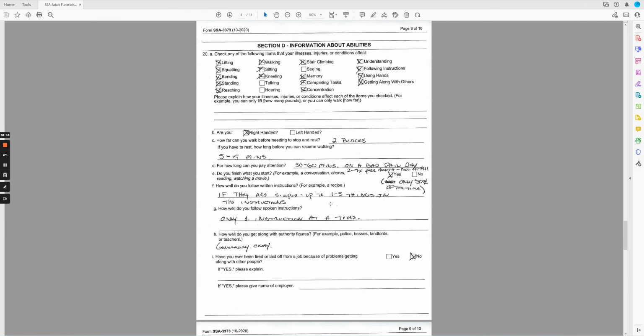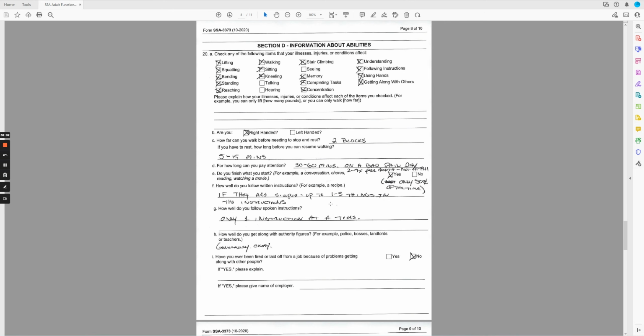Talking and hearing, well, I can talk and I can hear okay, so I'm not going to check that. Stair climbing, yes, I have problems with that. Seeing, no. Memory, which I talked about earlier in all my examples. Completing tasks, of course. Concentration. Understanding, okay.